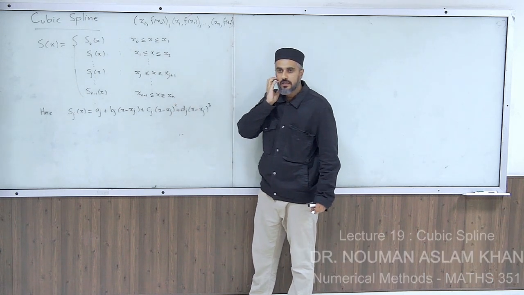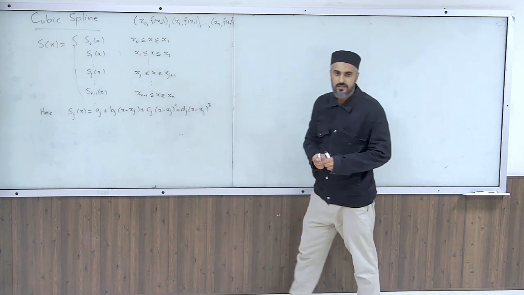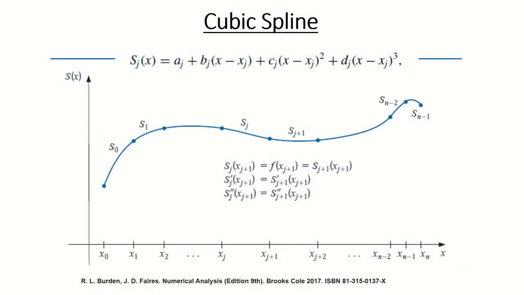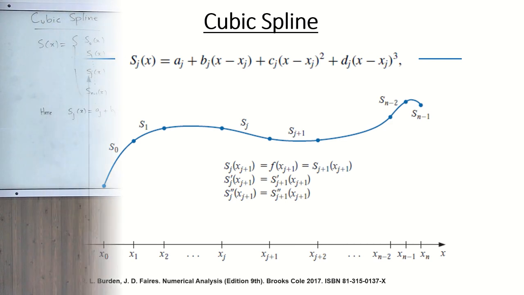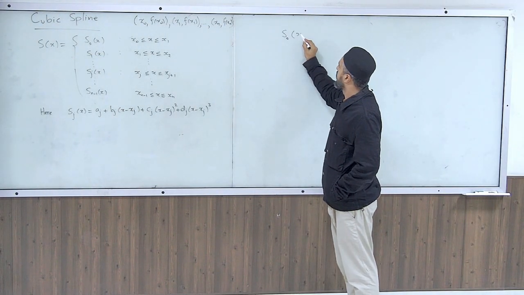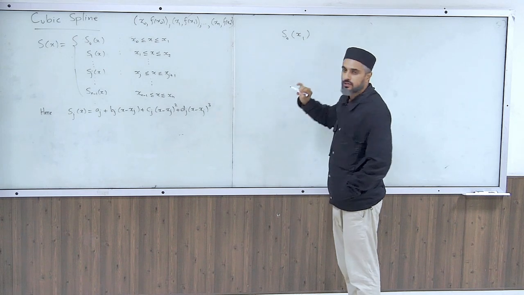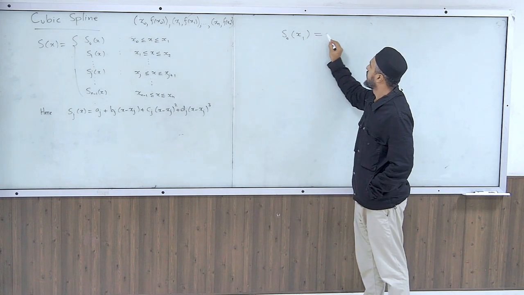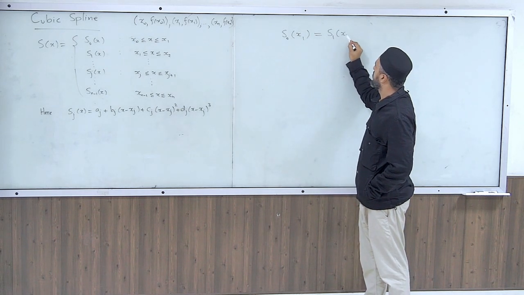Similarly, we have imposed certain conditions on the cubic spline. You can see the figure of the cubic spline, where you see S0, S1. What we saw in the last lecture is that S0 at x1 should give the same value as S1 at x1.